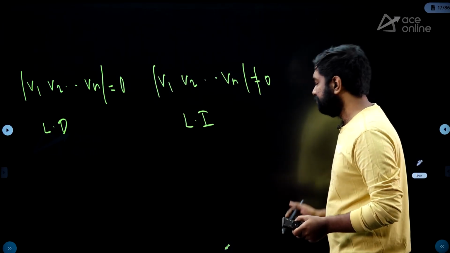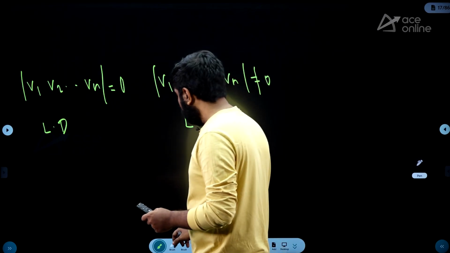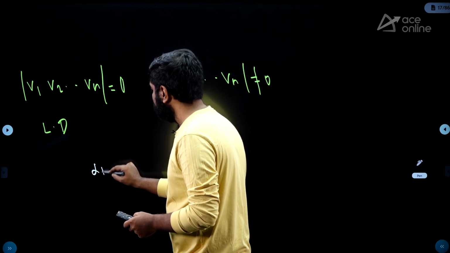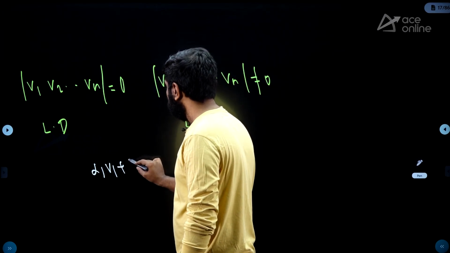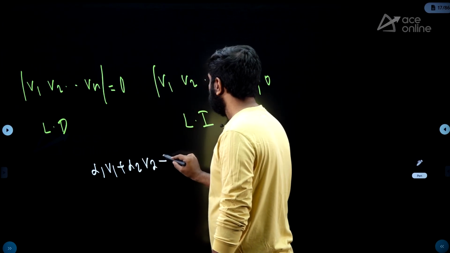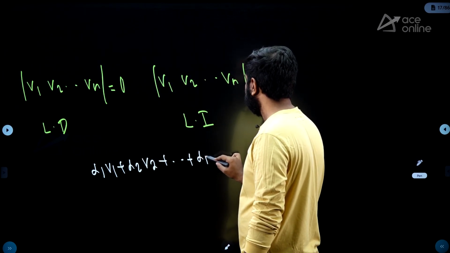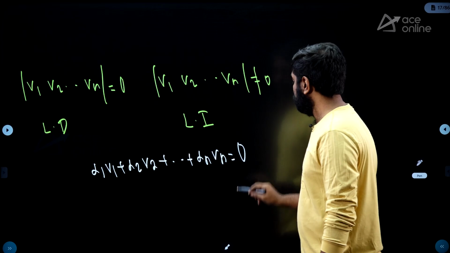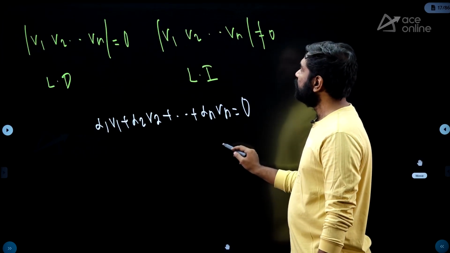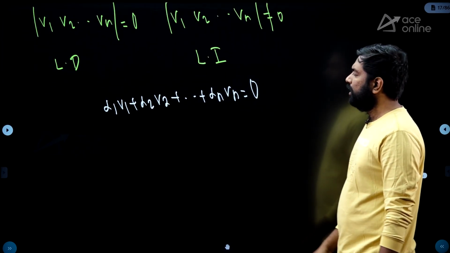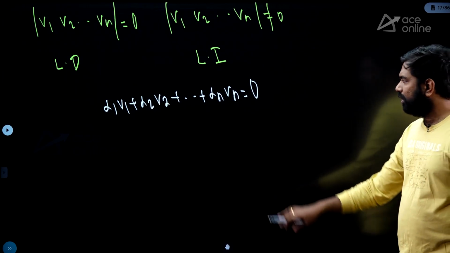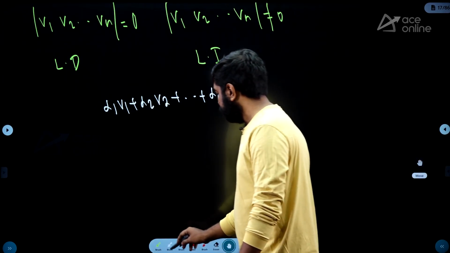If you ask, then what you can do is create this equation: alpha 1 v1 plus alpha 2 v2 plus so on plus alpha n vn equal to 0. In the system of linear equations, this is called the homogeneous equation.